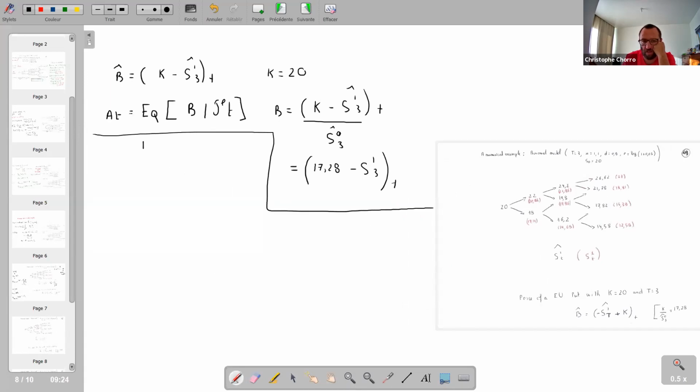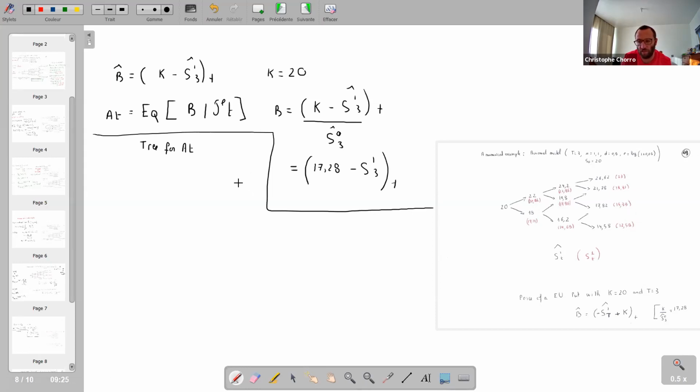So if I represent the tree for A, I will represent it backward. First, I can represent A₃. A₃ is very basic to compute because A₃ is just B. To have B, I just have to compute this term in the 4 situations in red here. It will be 0 for the first, 0 for the second, and then particular values for these two.